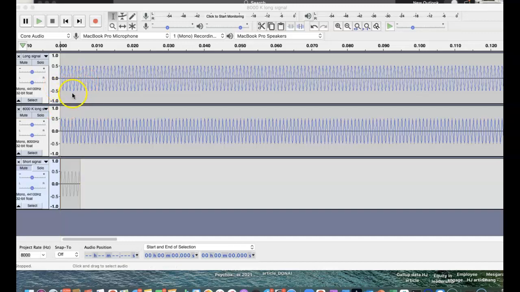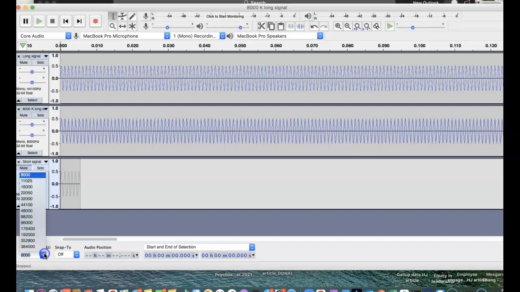But if we take this and zoom in a little bit, you can see the sampled points. Now down here in project rate, this is sampling frequency. So if you remember, I said we can go up to like 384,000 samples per second. We don't really need to do that. It could be overkill, but typically this is about what we use. 44,100, 44.1K is what we call it.